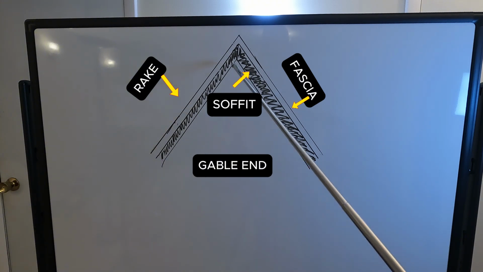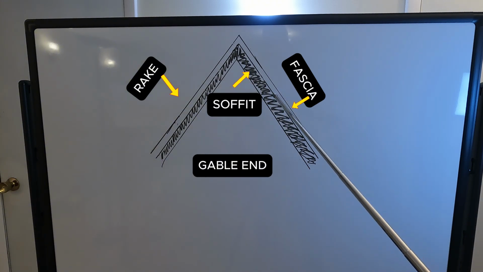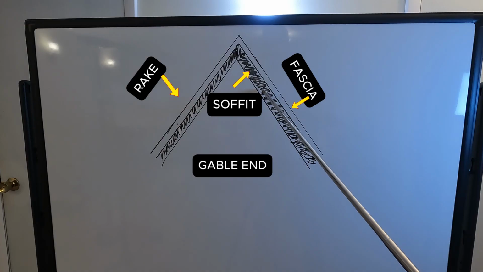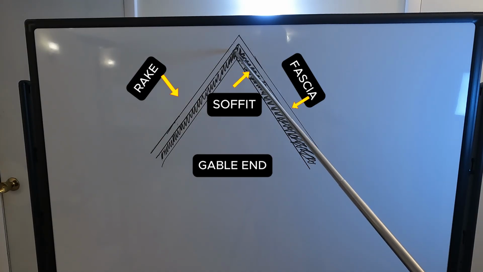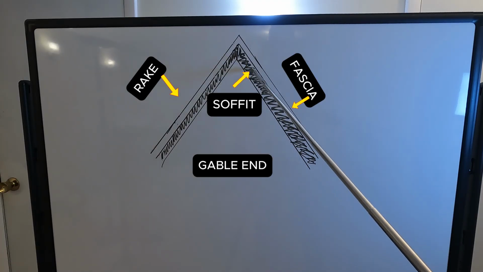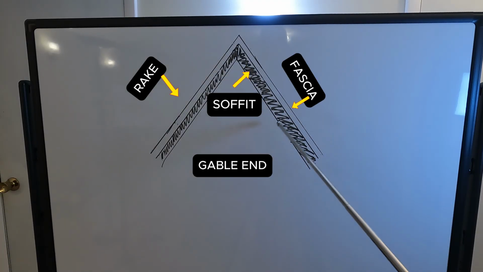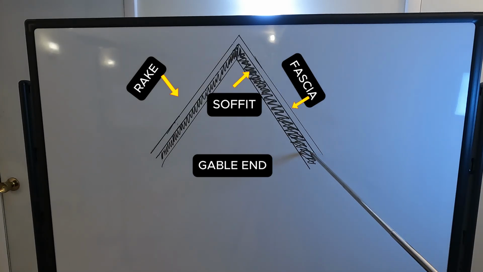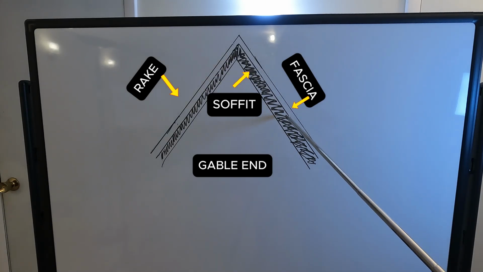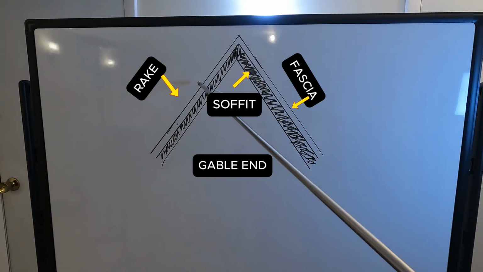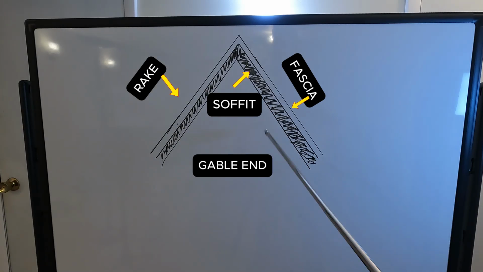Typical roofs have overhangs and then soffits that go towards the siding, and usually they have some sort of vinyl piece right here that's perforated to allow moisture out, air in, stuff like that. So that's called a soffit. So fascia and soffit, and then rake. And this whole flat part right here would be your gabled end.